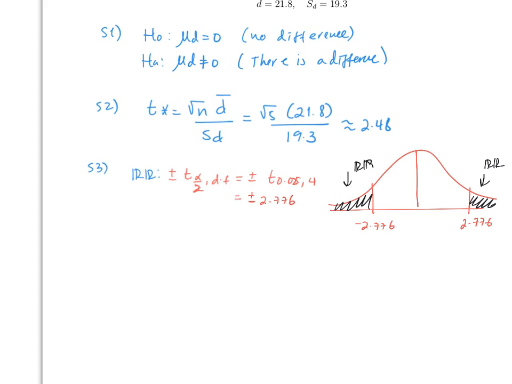Alright, so in this case, this stat is 2.48, which is not in the rejection region. Close, but it's not there. So therefore, the conclusion is fail to reject H0, which implies mu D equals 0.